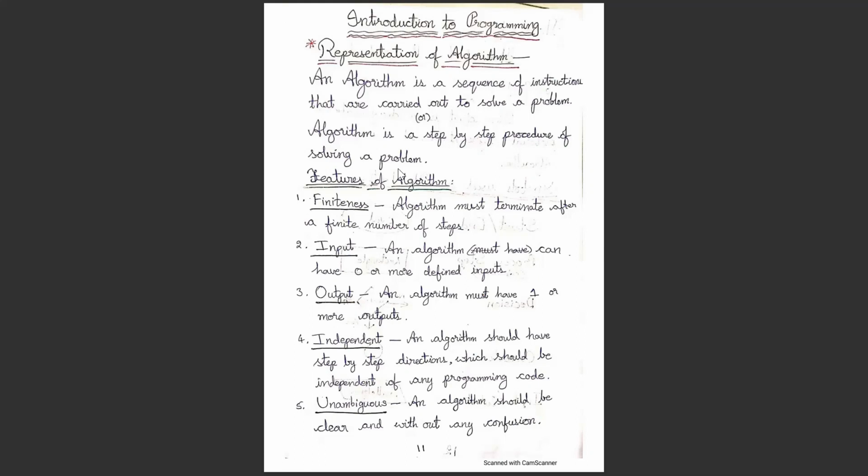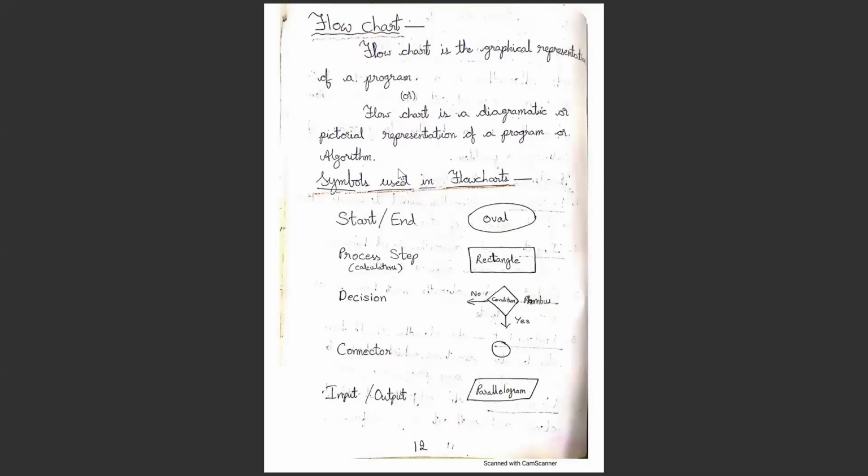An algorithm must have one or more outputs. Then independence is one of the features. An algorithm should have step-by-step directions and should be independent of any programming code. Next one is unambiguous. It should be very clear without any confusion. There should not be any ambiguity. That is the main feature of your algorithm.